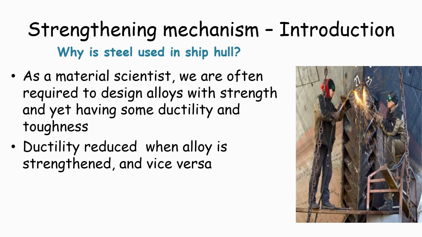The reason is that steel is chosen for its high strength. In terms of corrosion resistance, it offers sufficient resistance to rust, and thus it will help to prolong the life span of the ship hull.